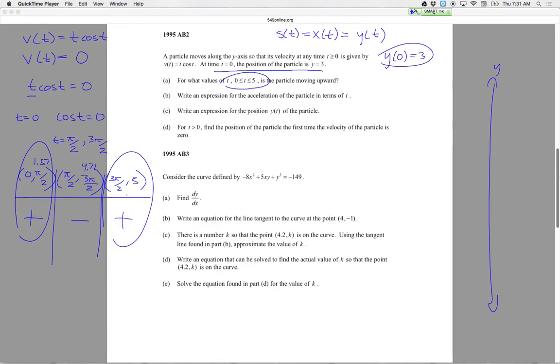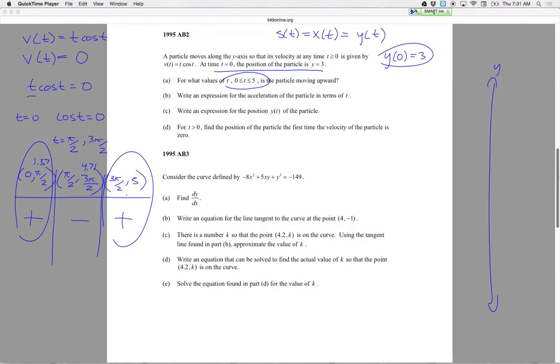Now, that's how you can do it with your calculator. By the way, here's how you would write it on the AP exam. I'm going to have to say this in class, I haven't said it yet. They never look at your sign analysis. They're actually trying to cross out your sign analysis. Why do you need it? Because that's where you get your information to answer the question. So the only way they would give you points is after you do your sign analysis, you have to write it out.